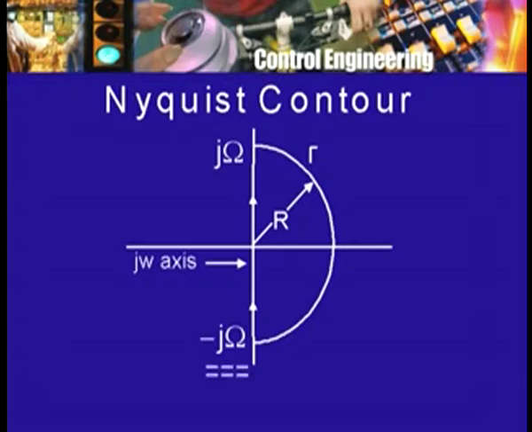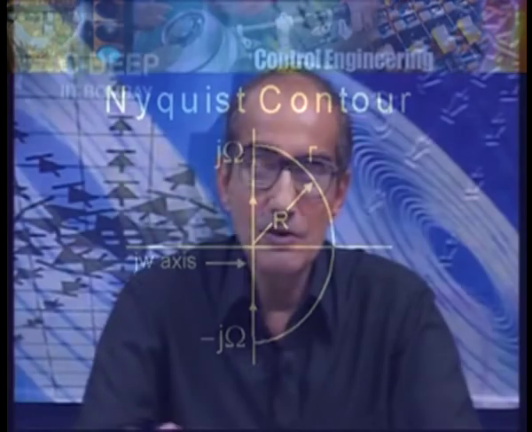The lower end point is minus j omega, and to close the contour we will take a semicircle, and you will see that it really does not have to be a semicircle, it can be a curve for which the only condition that you will see is that this part of the curve should be far away from all the poles and zeros of the transfer function GH. This is the only condition that needs to be satisfied. So, this will be our contour.